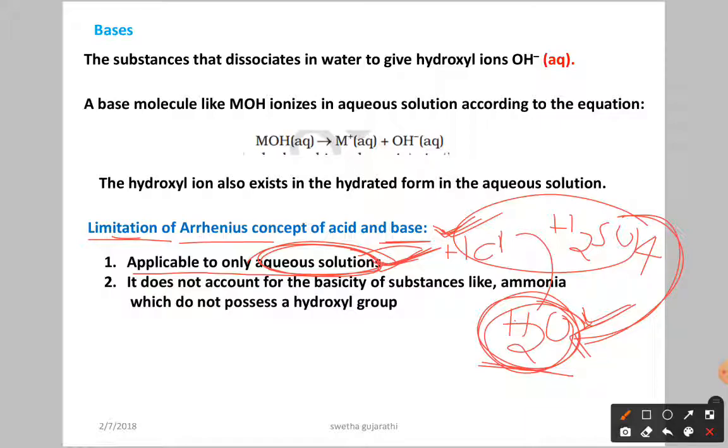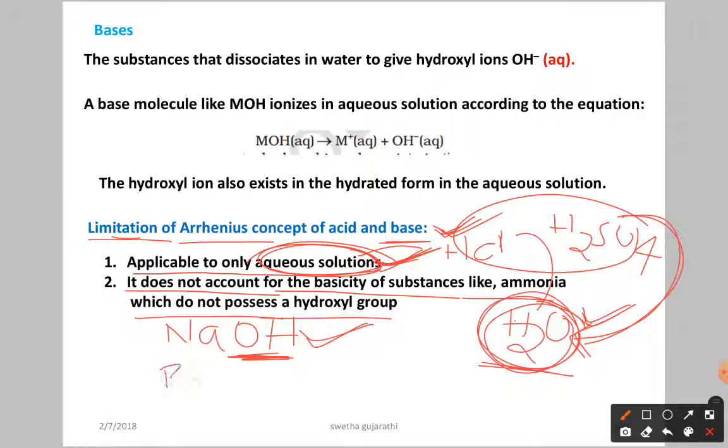The second one is that it does not account for the basicity of substances like ammonia, which do not possess a hydroxyl group. According to Arrhenius, a base definitely has an OH group. Here we have OH, so it is a base.